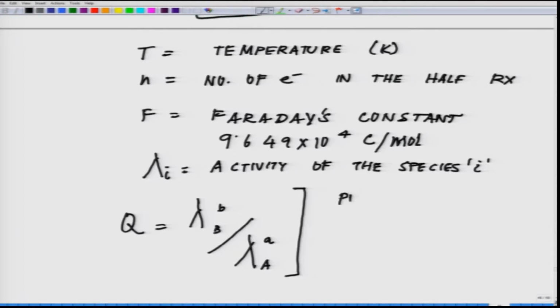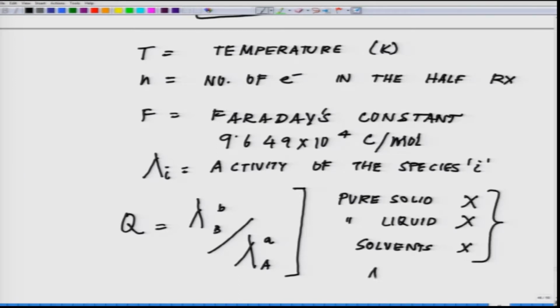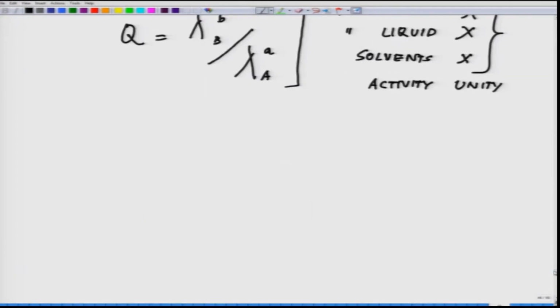So, remember, for the Q you cannot use pure solids, you have to omit them. Pure liquids, again you have to omit them, and solvents you have to omit them because their activity is unity, and if the activity becomes unity, then this whole term will become 0, okay.